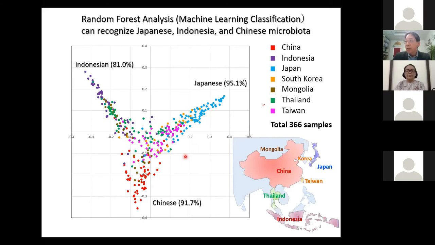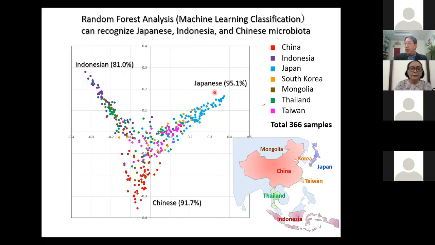This is the result. The computer can recognize the countries with high accuracy. This data suggests the microbiota of these three countries' children have a distinct characteristic imprinted in the 16S rRNA sequence.